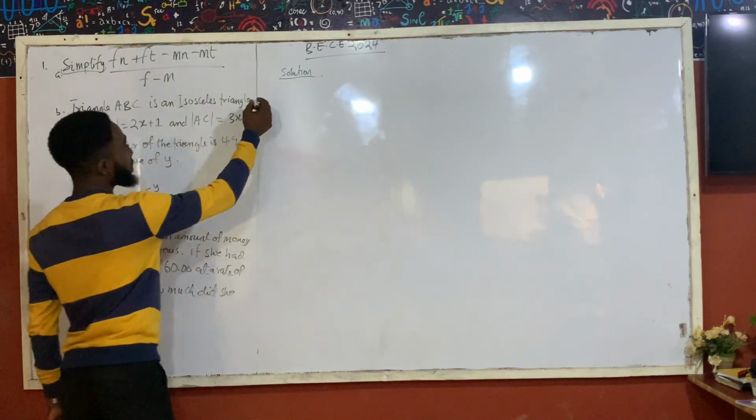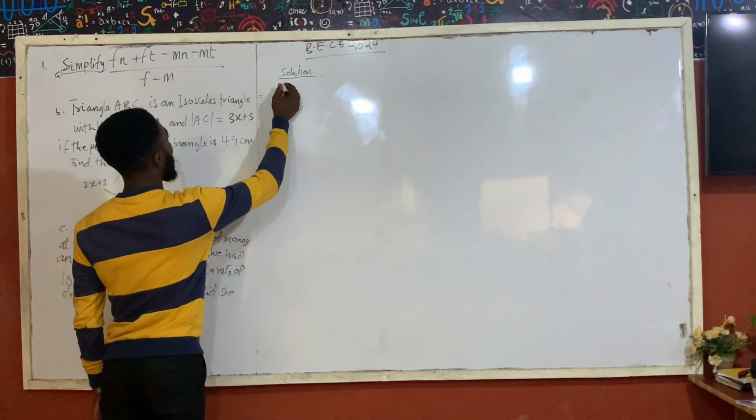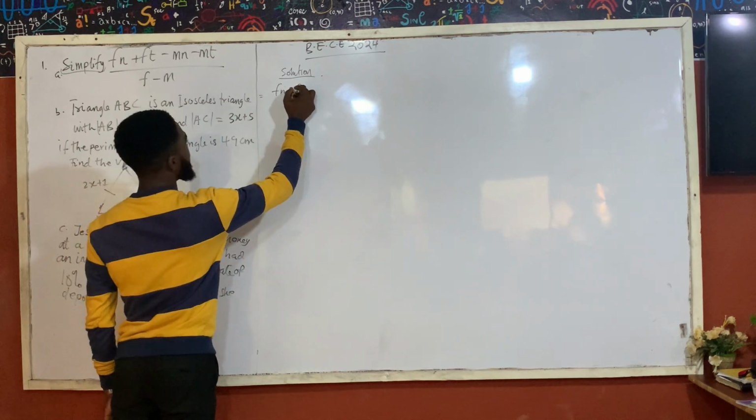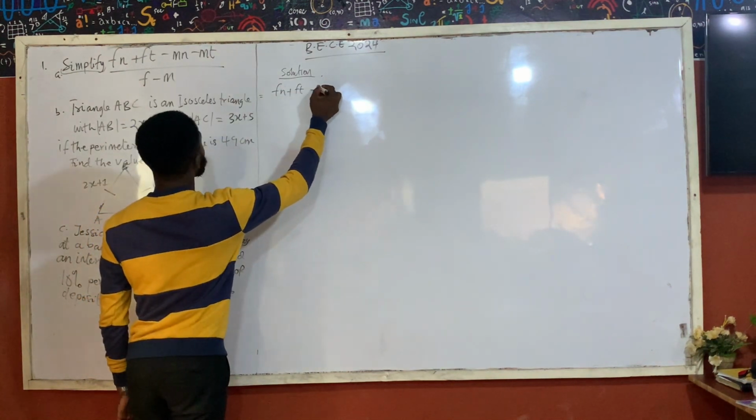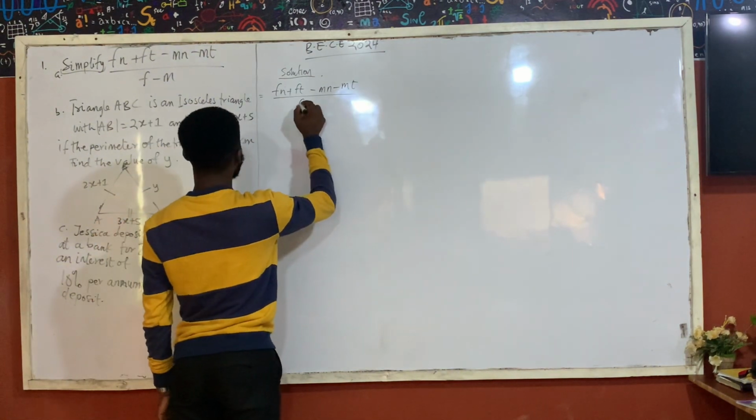Let me group it: fn plus ft minus mn minus mt, all over f minus m.